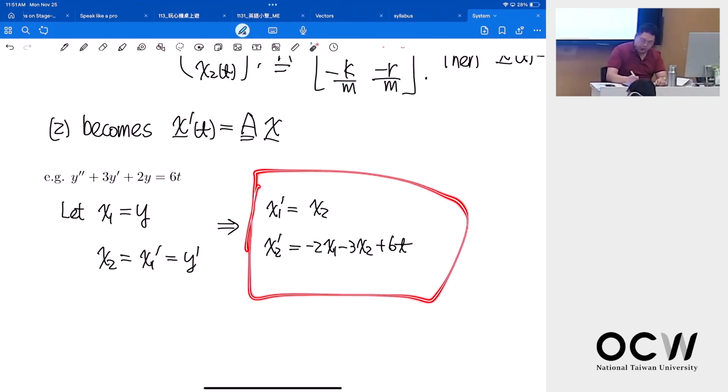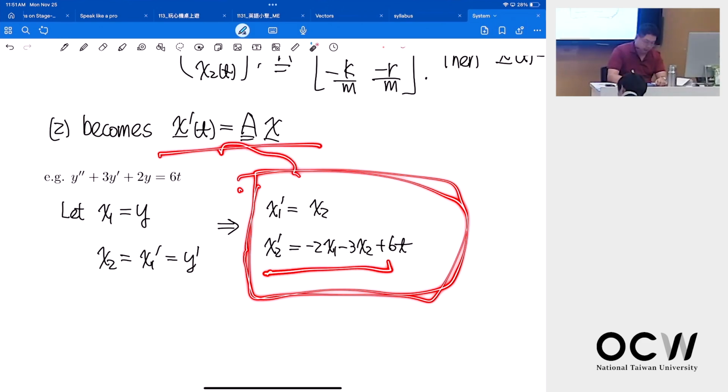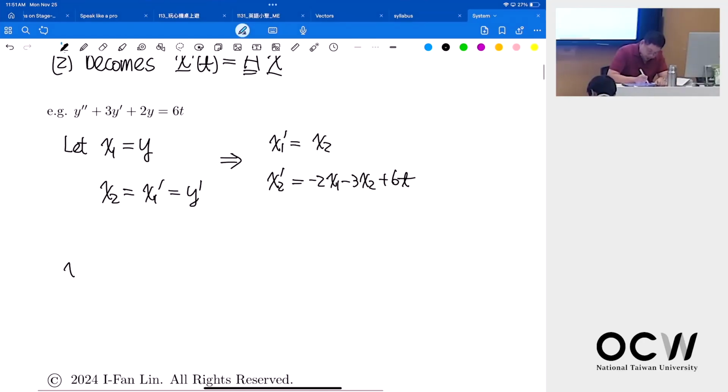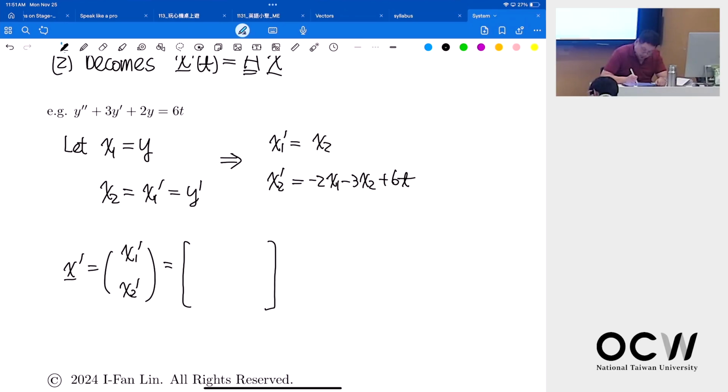Now you have these simultaneous equations. We can write them down in the matrix form or the vector form. So x prime, and x is composed of x1 and x2. So x1 prime, x2 prime.